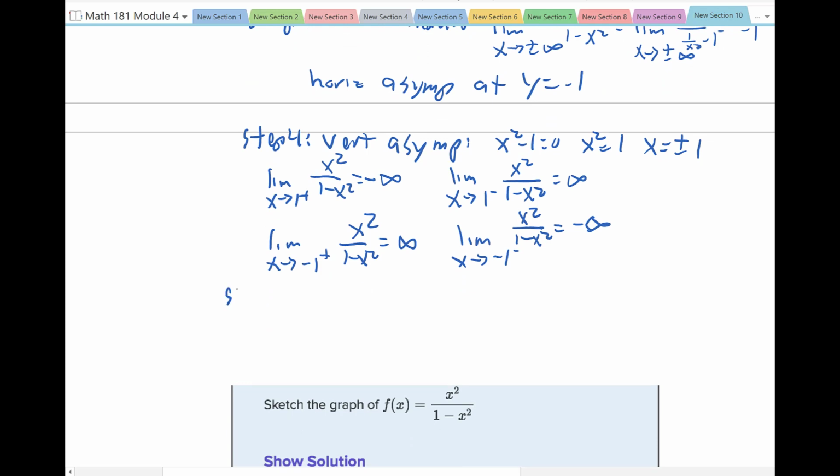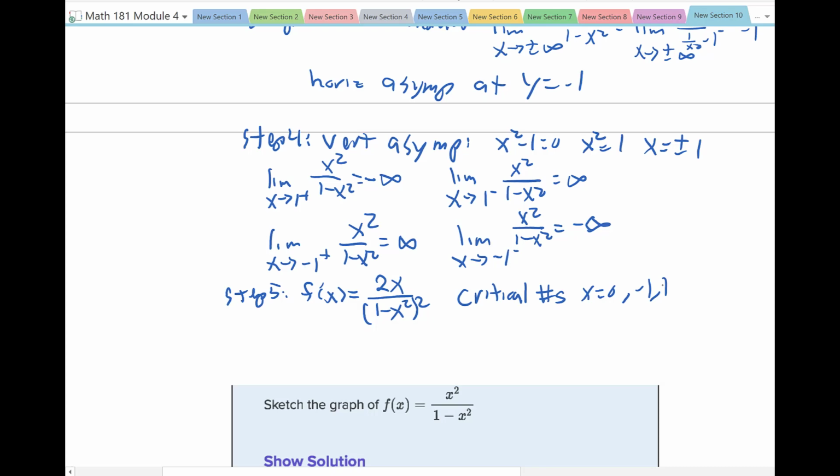Okay, we have step 5. Step 5 says we've got to do the first derivative, so we're going to find critical points. So f prime of x is going to be 2x over (1 minus x squared) quantity squared. So with that, our critical numbers are going to be x equals 0 from the numerator, negative 1 from the denominator, and 1 from the denominator.